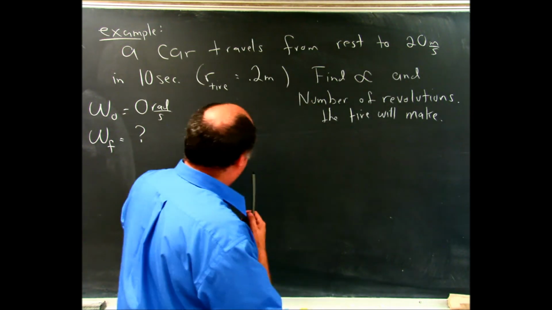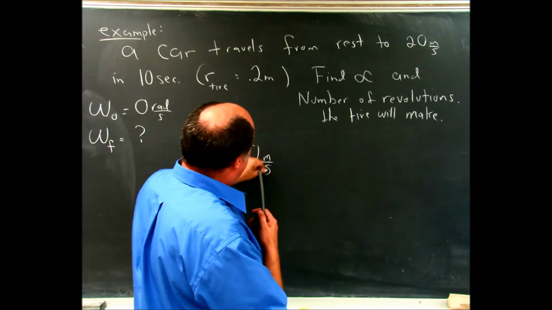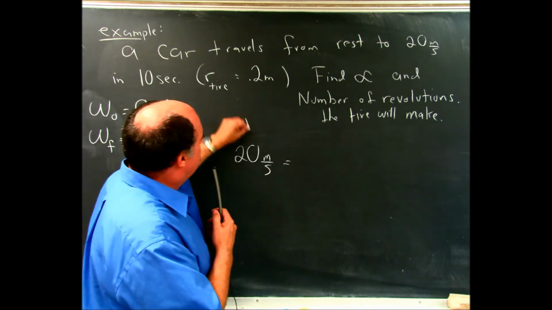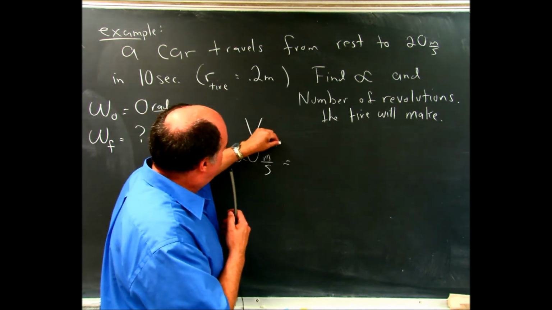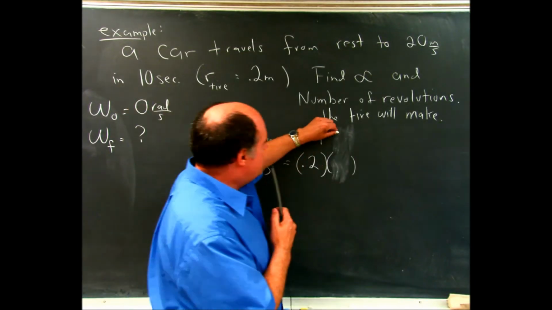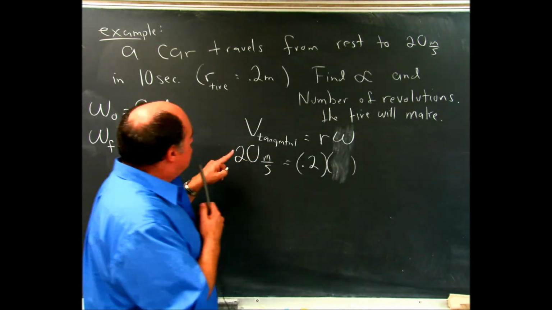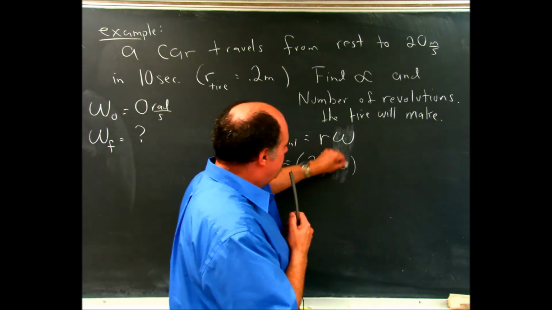So over to the side here, there's a formula that says the linear speed, it's actually tangential again, equals r times the angular speed. So 20 meters per second is the linear speed, 0.2 meters is the radius, and we have to solve for the angular speed.